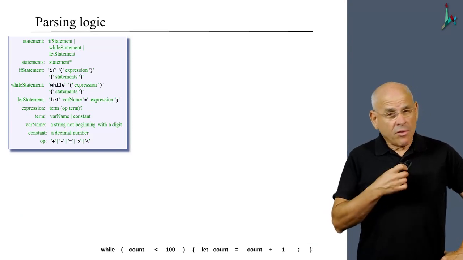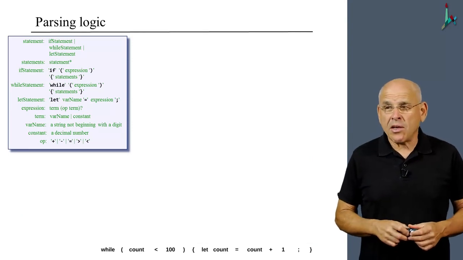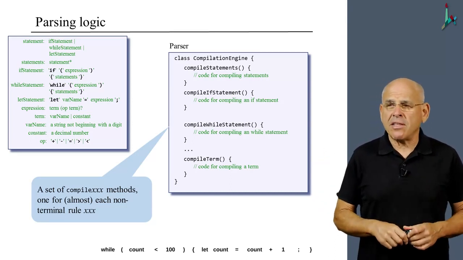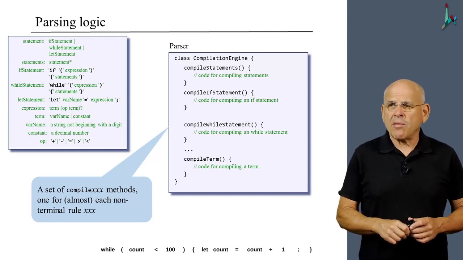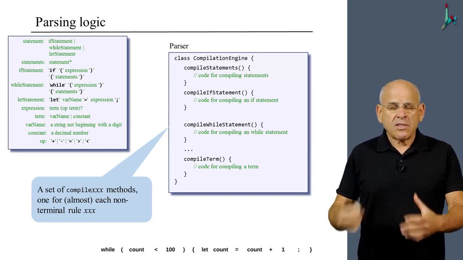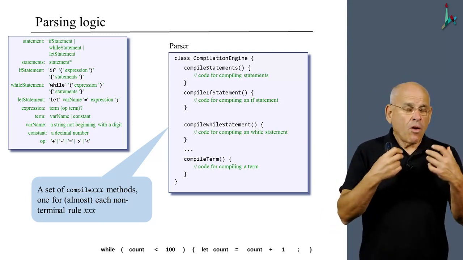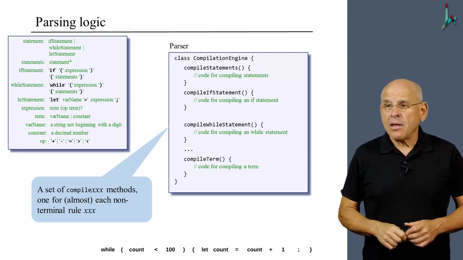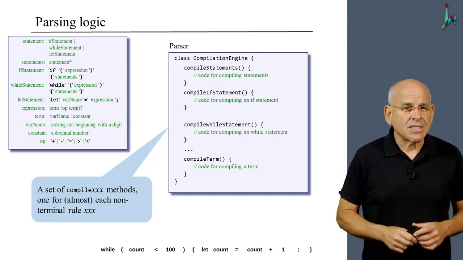Well, I'd like to fast forward and show you the actual code that we're going to use in order to carry out the parsing. We're going to develop, at a later point in this module, a program called Parser. Actually, the name of this module is going to be Compilation Engine. And this compilation engine is going to consist of a set of methods, one method for almost every non-terminal rule in the corresponding grammar. So for example, if you look at the grammar, you will see that we have a rule called statements, plural.